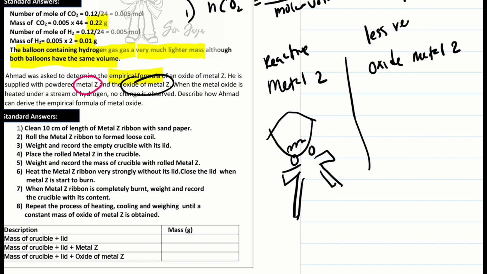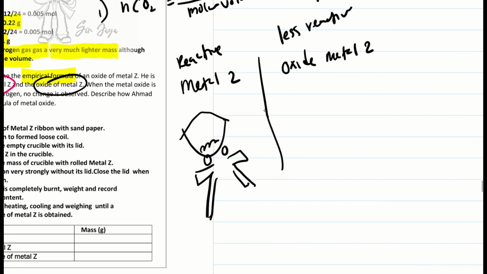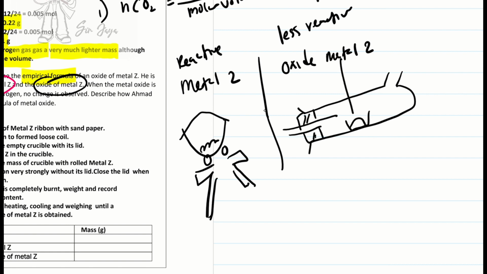If the metal is a less reactive metal, we can take the metal oxide and heat it with dry hydrogen gas.